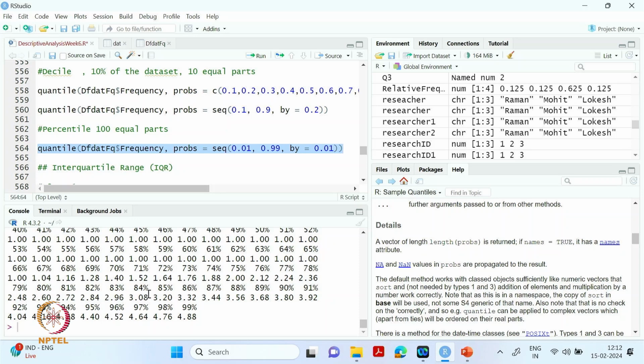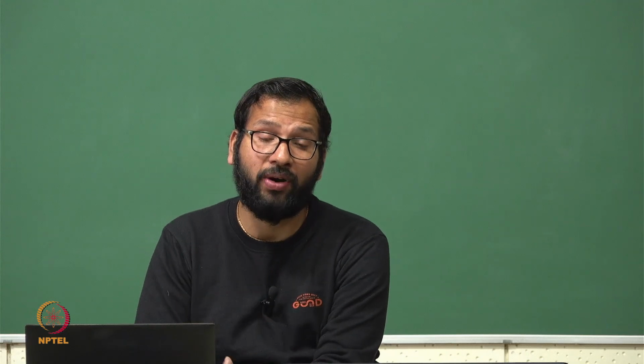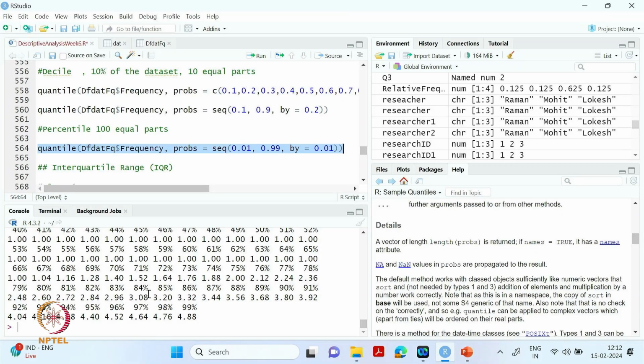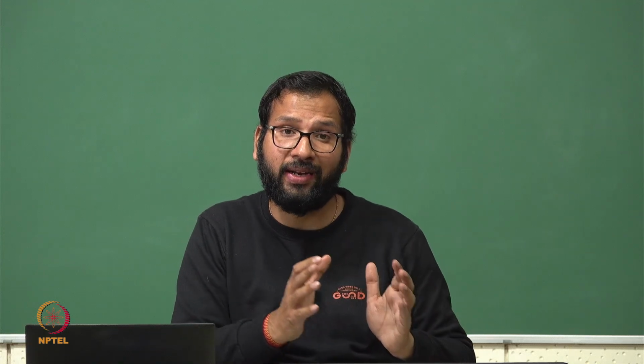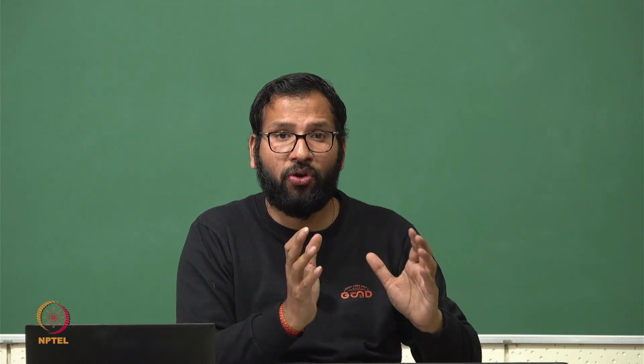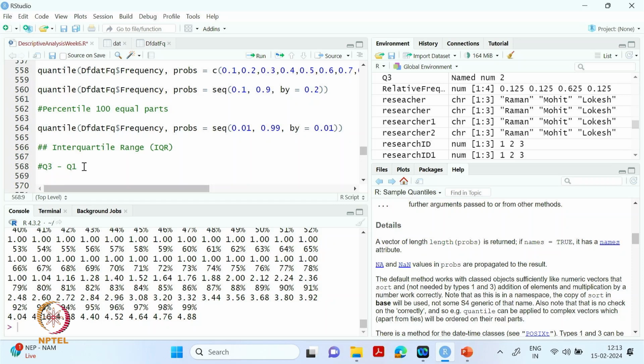Another thing we calculate is the interquartile range. What exactly is the interquartile range? The interquartile range is the difference of quartile 3 and quartile 1. So we will be subtracting the q1 from the q3.